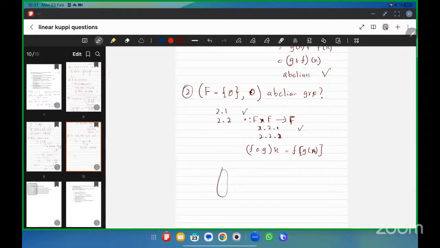So it is x, and this is gx, and this is f of g. So gx is a bijective function, and so we get every element.